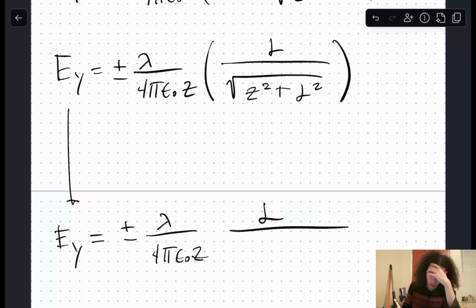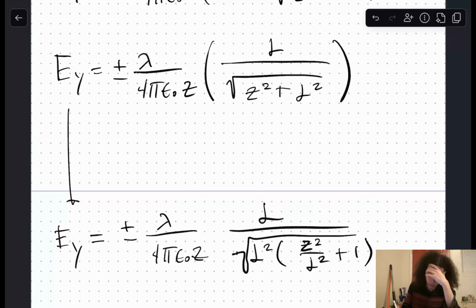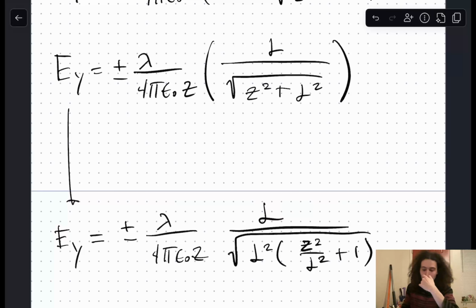So I have L up here. I can factor out an L squared out of this expression. I brought it out over here, meaning that if I multiply back in, I'll get back this expression.